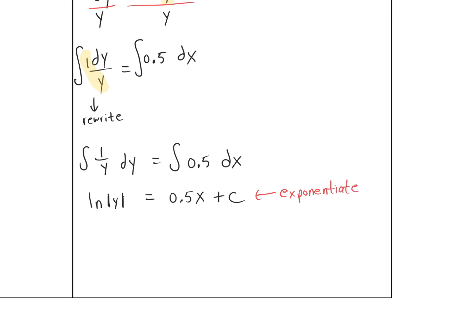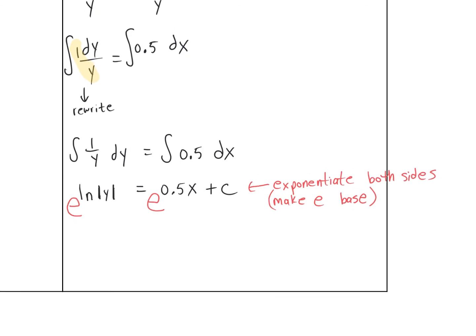Okay, what does that mean? Exponentiate both sides. That means that we are going to make e the base. So I'm going to put a big fat e here and a big fat e there. That's what exponentiate means. Make e the base.